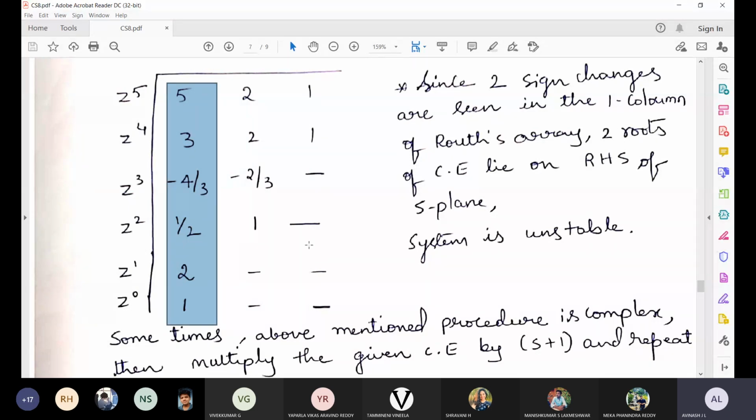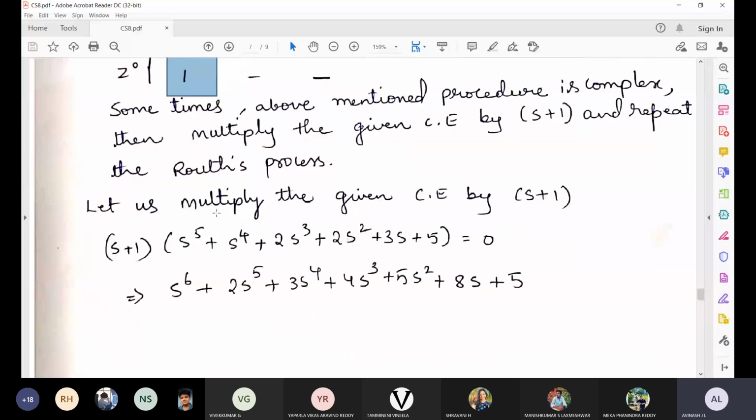In this present context, since two sign changes are seen in the one column of the root array, two roots of the characteristic equation lie on the RHS of the s plane. Once any root is lying on the RHS, the system is unstable. That is the conclusion.